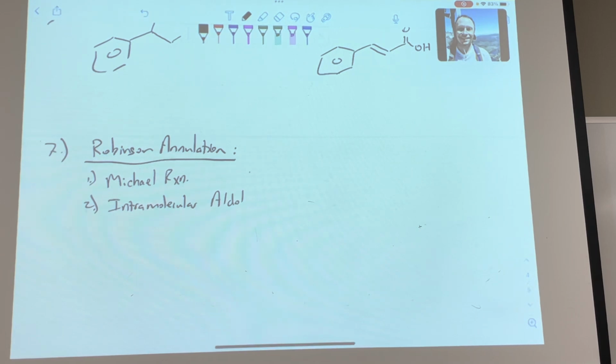And what you end up making at the end is a ring with an alpha beta unsaturated carbonyl.